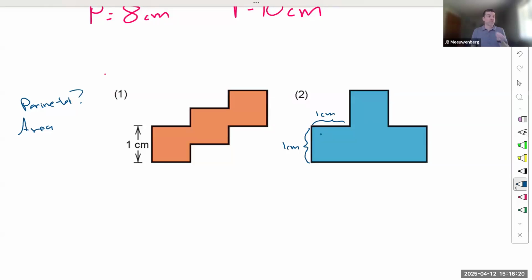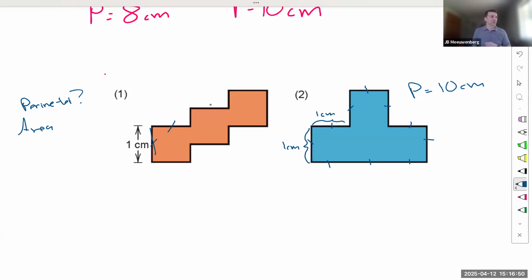So if I'm going to measure the perimeter first, I have 1, 2, 3, 4, 5, 6, 7, and then 8, 9, 10, because we had 3 across the top. We also have 3 across the bottom. So P is 10 centimeters here. How about number 1? Well, we had 1 here. We've got another one here, so that's 2. We got some of these partial figures. I'm going to come back to those.